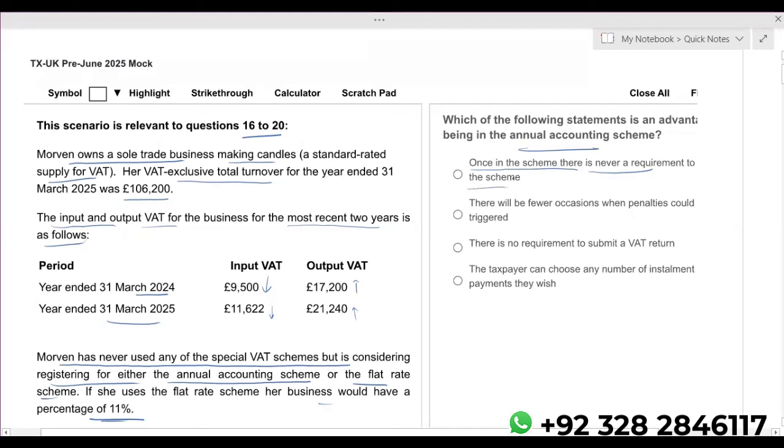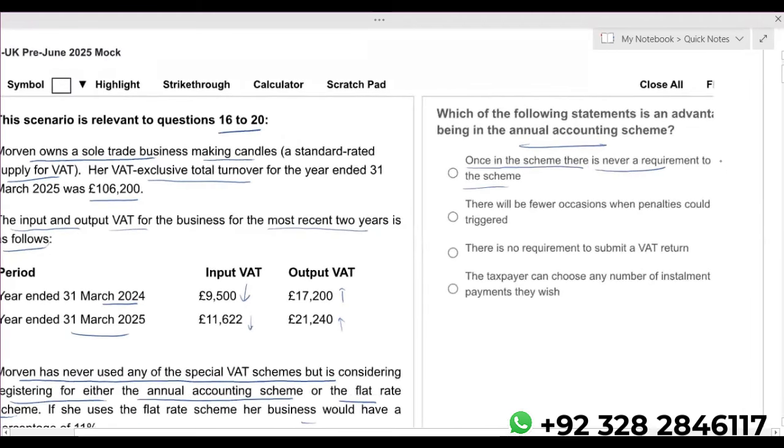Once in the scheme, there is never a requirement to leave the scheme. Actually, there is a requirement. There are certain conditions when you can follow this annual accounting scheme and when you have to leave. So this is false.